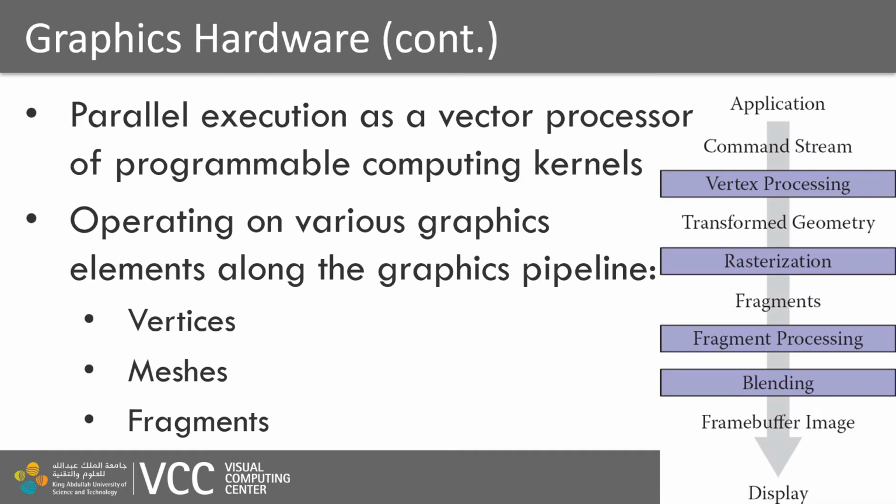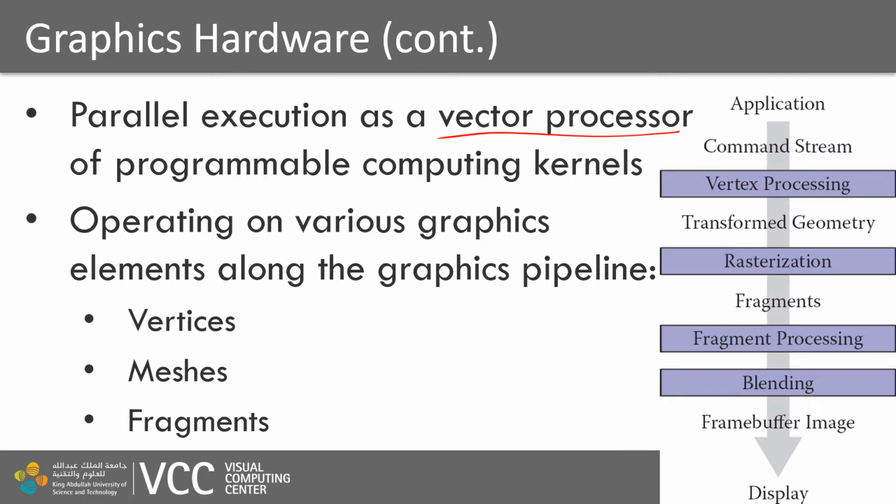The graphics hardware is a vector processor which executes the particular programmable pipeline in parallel. So there are many elements which can be processed with the same set of instructions in parallel. At the entry, we typically have some geometry representation and some attributes associated with the geometry.